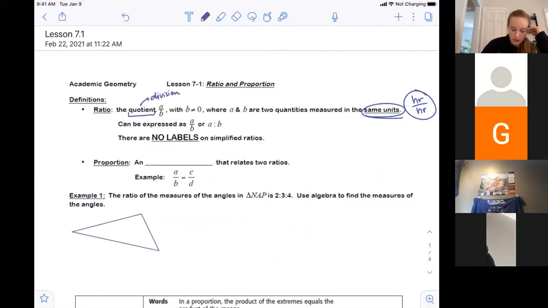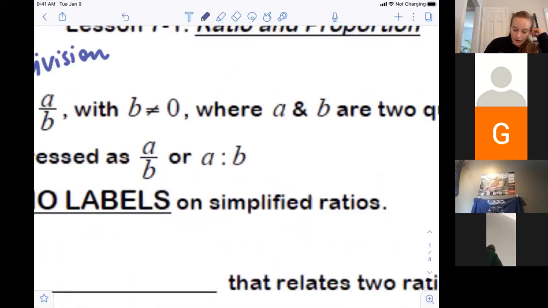Another thing to make note of is that we can express it as a fraction, A over B, or with a colon, A to B. Let's use actual numbers for this. Sometimes I get all bent out of shape with the colons, so I've got to make sure I know exactly what I'm talking about. A fraction we know and use a lot is 1/2.